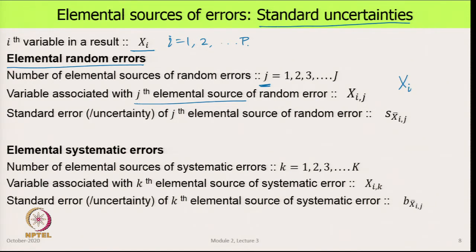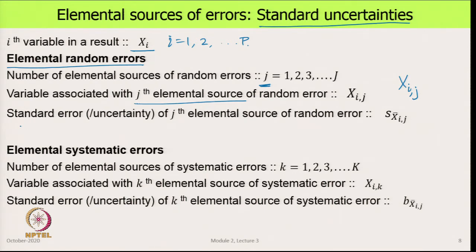Xi means this is the parameter that we are looking at, and j will be 1, 2, 3, 4, 5. It tells you that we are looking at the random error source for xi. If there are two sources of random errors, we will have xi1, xi2, like that.